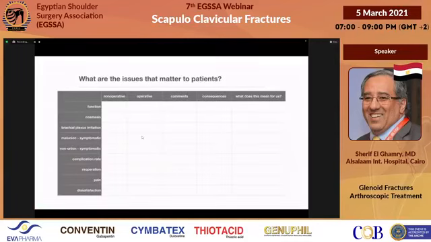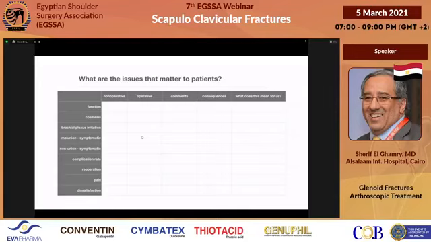When I started thinking about clavicle fractures a bit more deeply, largely in my role with the upper extremity expert group and trying to think about how we could improve clavicular plate systems, it was always a good idea to go right back to the literature and to the issues that matter to our patients.